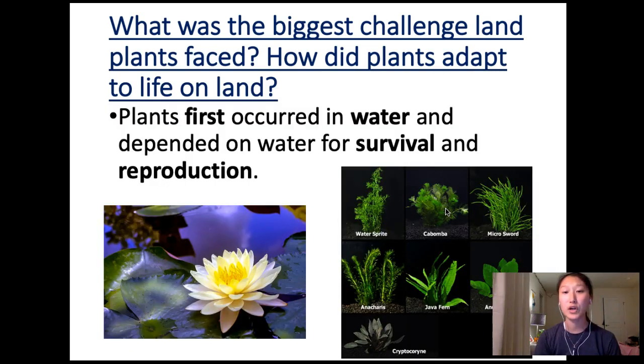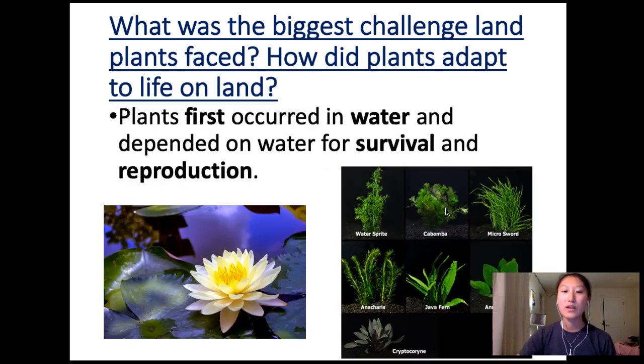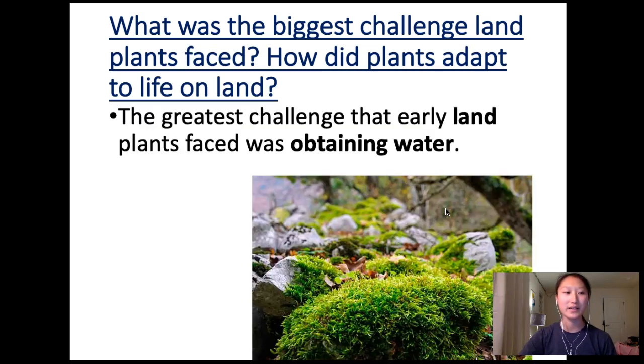When plants first occurred in water and depended on water for survival and reproduction, coming to live on land, not having enough water or surviving and reproducing based on immediate surrounding water became a very big challenge for plants, and they had to evolve in order to survive and reproduce, and that's why we still have plants nowadays on land.